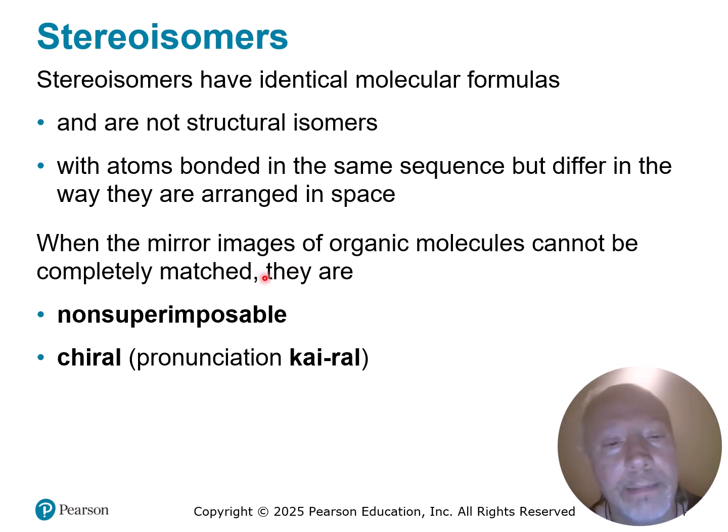So when the mirror images of organic molecules cannot be completely matched, we're now talking about a definition of chirality. Remember our hand analogy. We could not put both our hands over the top of each other and have the thumbs line up. We can do this when they're like a mirror image, like if we look in a mirror, they line up nicely, right? But if we try to put our hands over here, our thumbs end up on different sides.